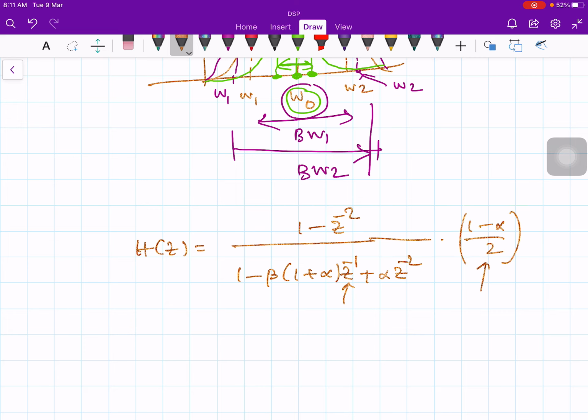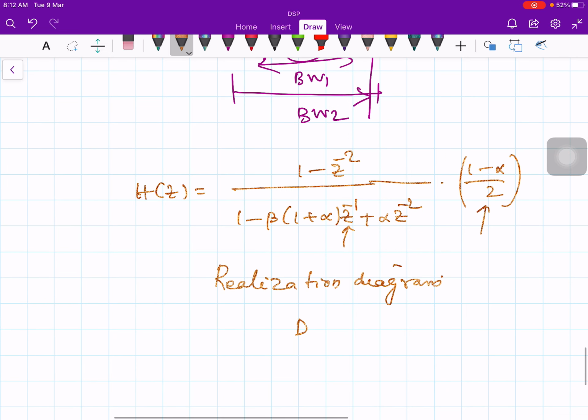And if you draw the realization diagram of this transfer function, so how will you draw it? By using delay, multiplier, and then summer. That's all.